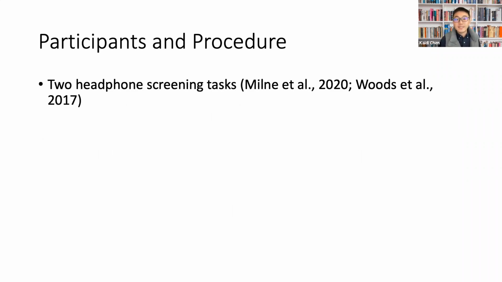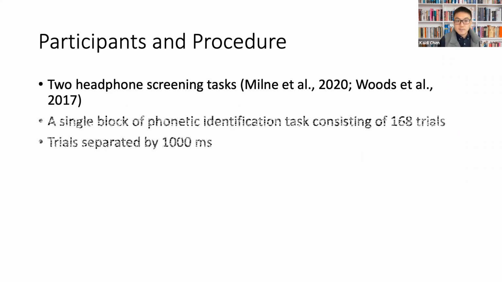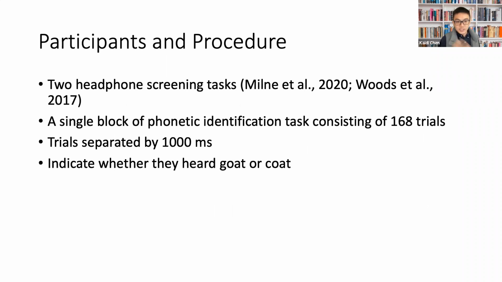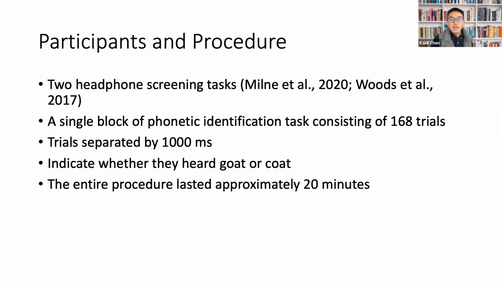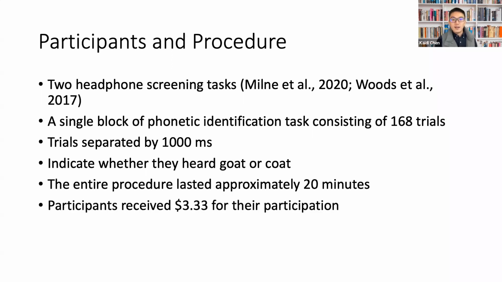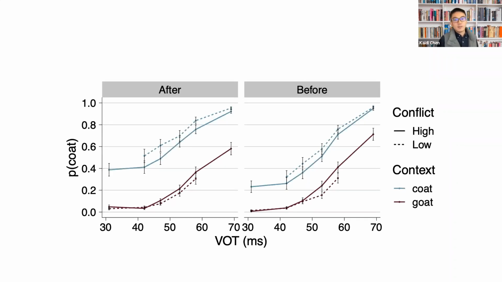They did 2 headphone screening tasks and a single block of a phonetic identification task consisting of 168 trials separated by 1,000 milliseconds. Participants needed to indicate whether they heard gold or code. The entire procedure takes about 20 minutes, and they received compensation for their participation. So here are our results.